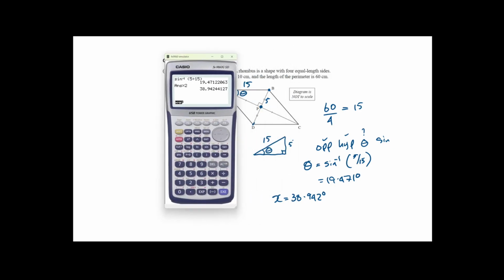So x is going to be 38.942 degrees. There.